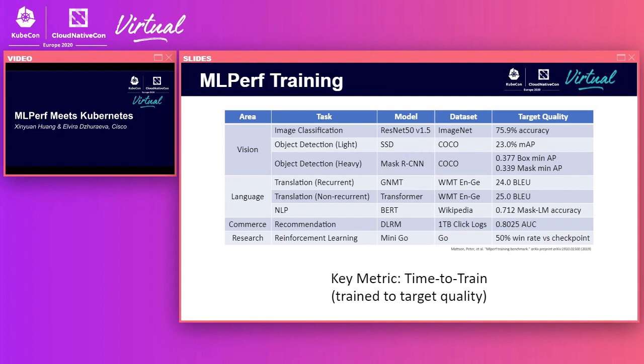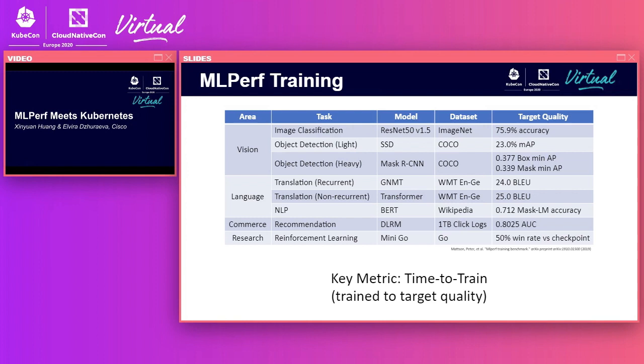However, there is a side effect which is often overlooked, that in some cases, or in most cases actually, increasing batch sizes will have a mathematical impact on your optimization process that will cause your model to converge slower. And you might end up training a model for more epochs to reach the same quality, which means that you might have a higher total cost for your training job when you train at a higher throughput.